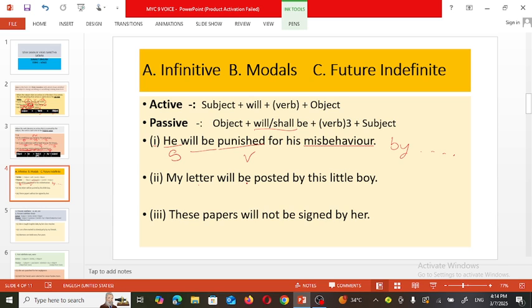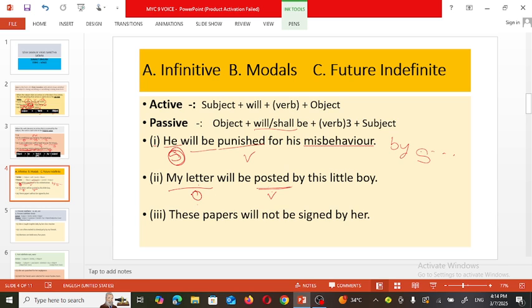My letter will be posted by this little boy. Posted is the verb, meaning the action. This action is done on whom? My letter. So that is the object.